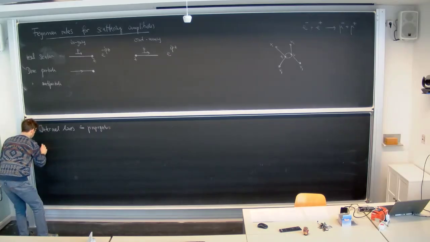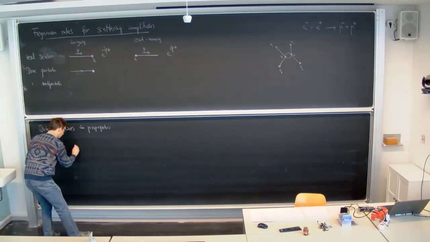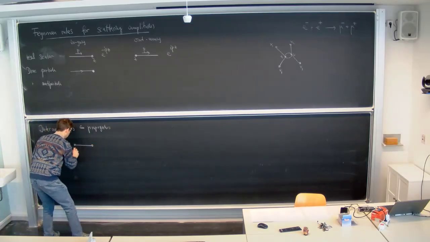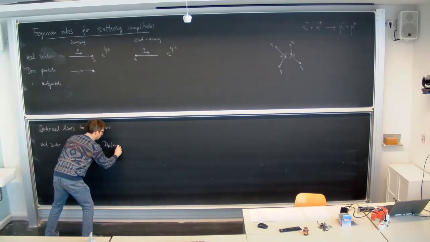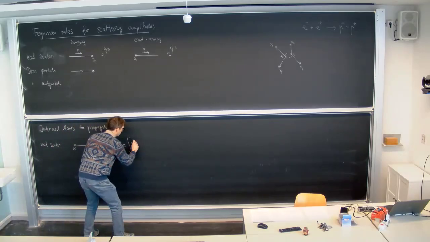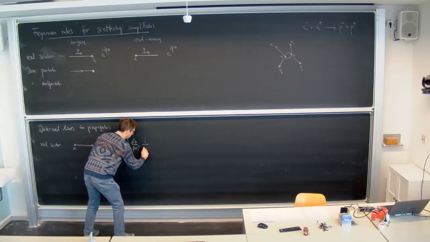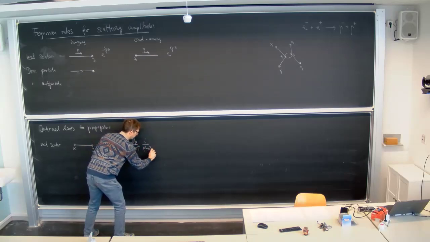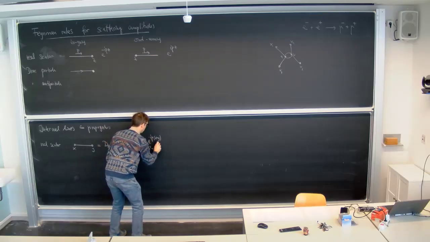And for the scalar, this is the integral d^4 p over (2π)^4, i over p squared minus m squared plus epsilon, and e to the minus i p (x minus y).